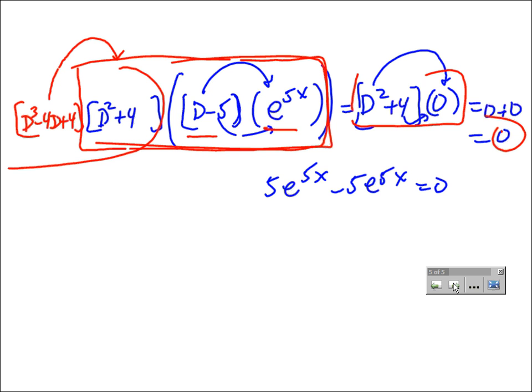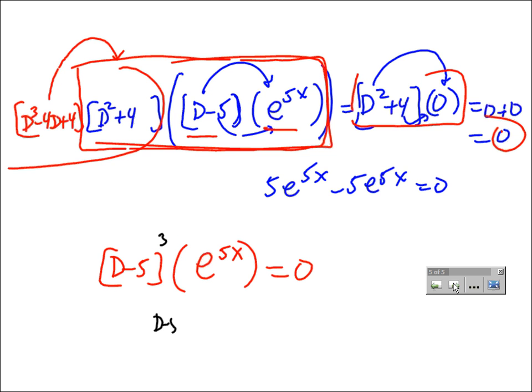Okay. So for example, you have e to the 5x, and you know that d minus 5 will annihilate it. You can put the power 17 up there. But let's just put 3 so I can write it nicely.